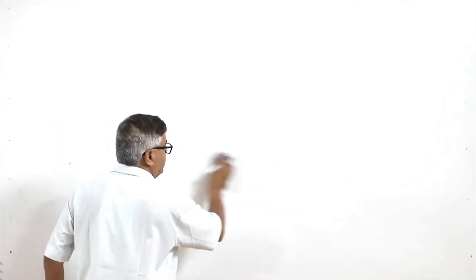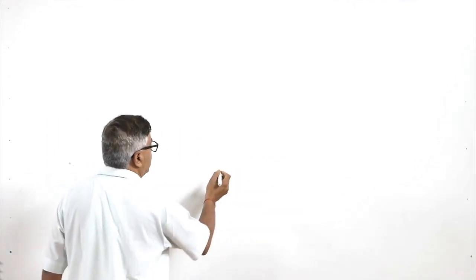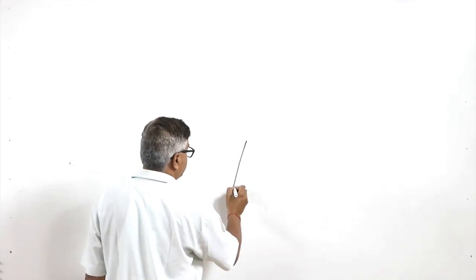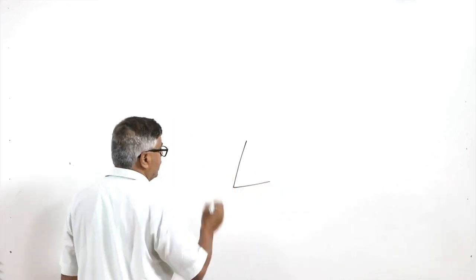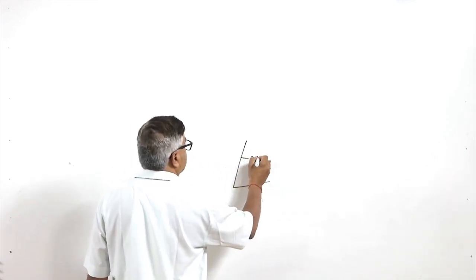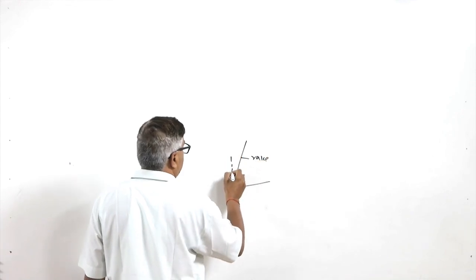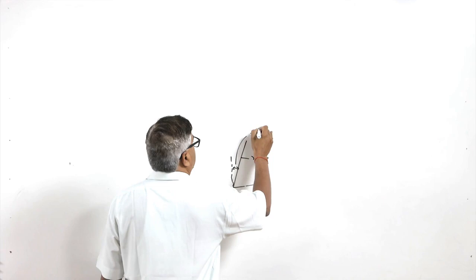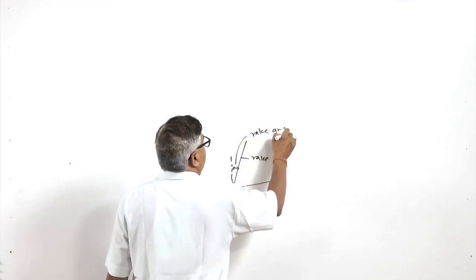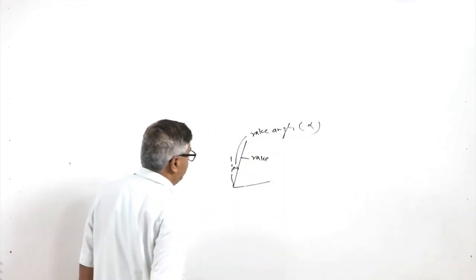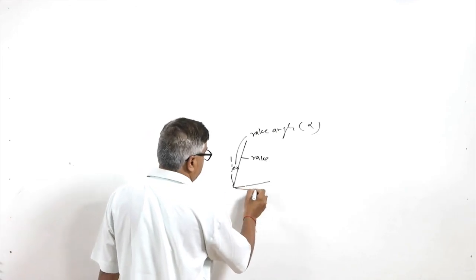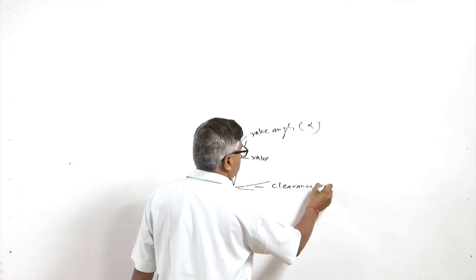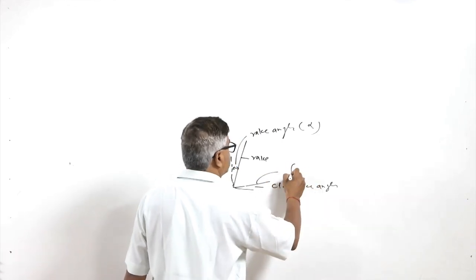Now, we will see how the material is removed. Say this is the single point tool, and this is the rake face of the tool, and this angle is termed as rake angle, as I have just mentioned. Rake angle is normally expressed using alpha, and this is the clearance angle, and this is the flank.